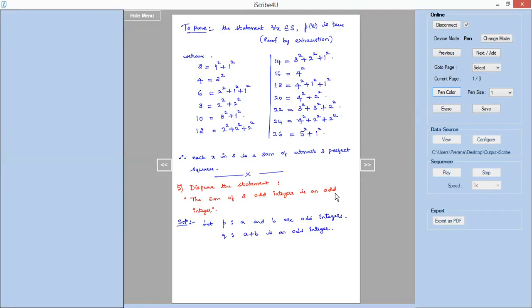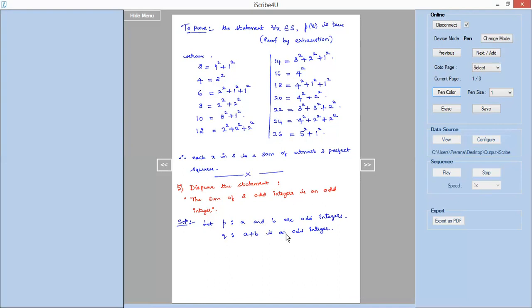So that is how we can write it in the if-then form, and that's the reason we took it in the form P, Q. A and B are odd integers; A plus B is an odd integer. If P, then Q.